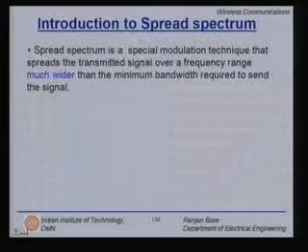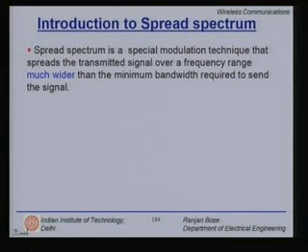So it intuitively follows from Shannon's theorem that it is better to have a larger bandwidth and send noise-like signals. Here we wish to exploit that fact, and the frequency range which will actually be used for transmission will be much more than the signal bandwidth.